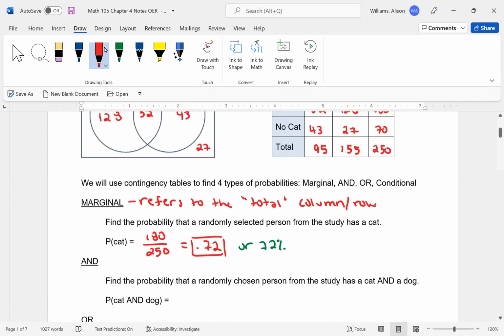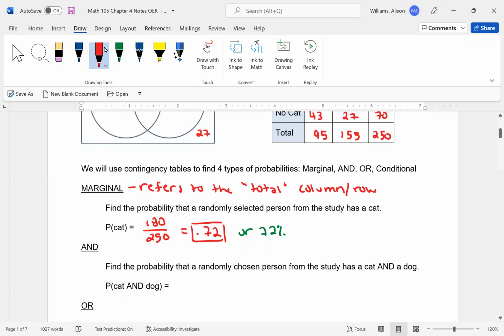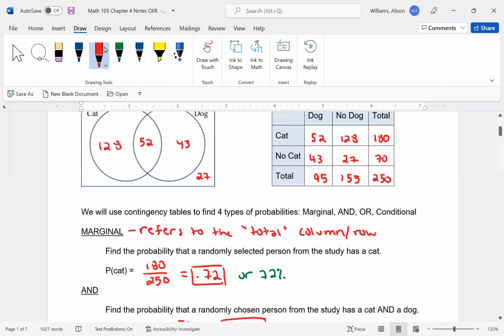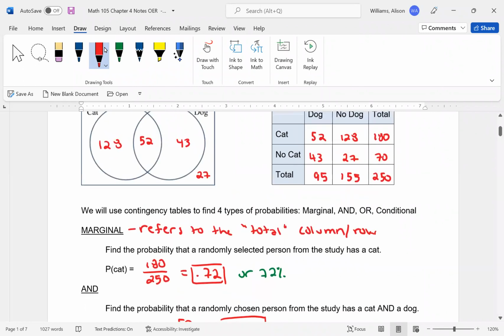And that means this is going to be 52 out of 250, which when I plug in the calculator comes out to 0.208, or 20.8% if you want to write it as a percent. So with an and probability, you're typically looking at one cell somewhere in the middle of the contingency table.